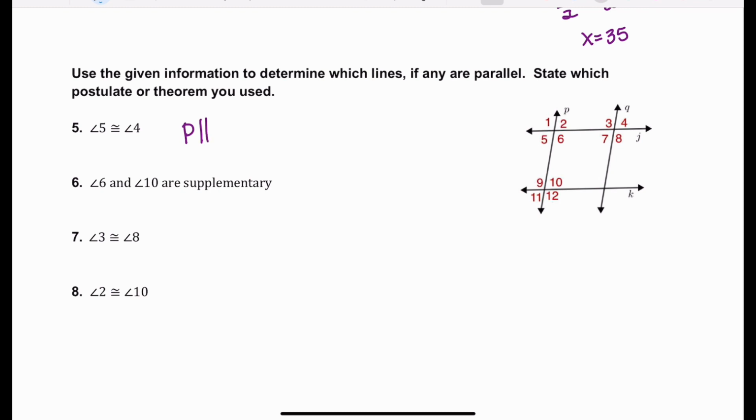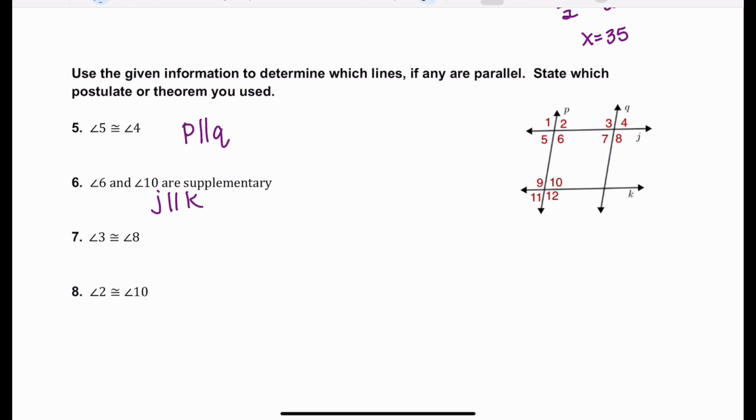P is parallel to Q. Now on this next one, 6 and 10, this is the transversal, and J and K are our parallel lines. These are same side interior angles, which are supplementary and add to 180 degrees. So J would be parallel to K.